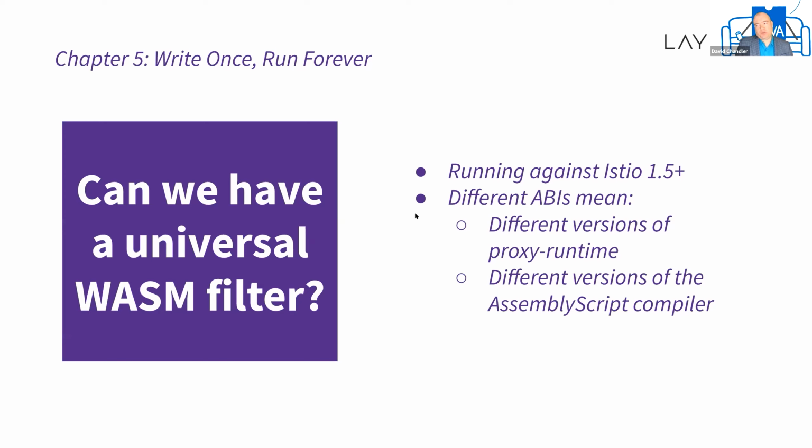And if we don't have that, then there would be some challenges, because if we had to have forks of our program for different Istio versions, we would have to have different versions of the proxy runtime, and that would mean different versions of the AssemblyScript compiler. And so we'd probably have to change our program to work for different versions of the compiler. So we'd like universality for many reasons.